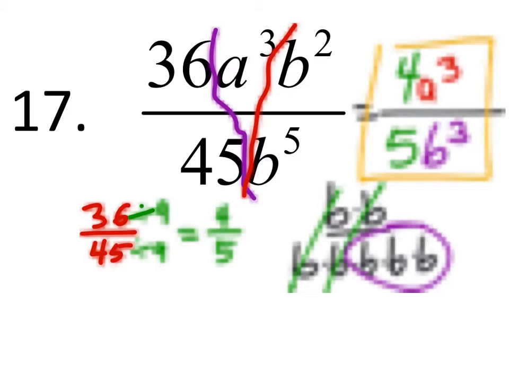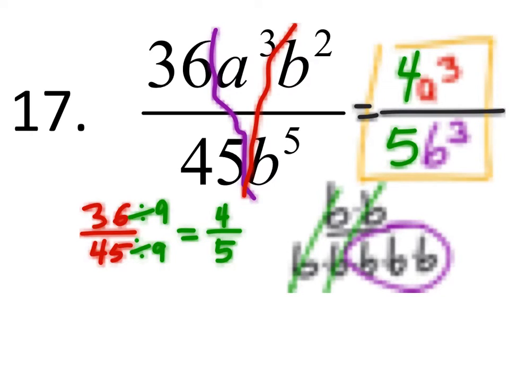Both of these are divisible by 9 or 3, but again it doesn't matter. 36 divided by 9 is 4. 45 divided by 9 is 5. So dividing by 9 just saves us a little bit of work, and so this ends up equaling a 4 and a 5 right there.